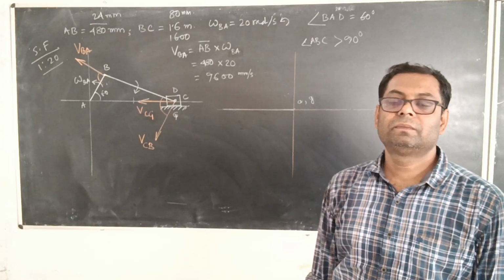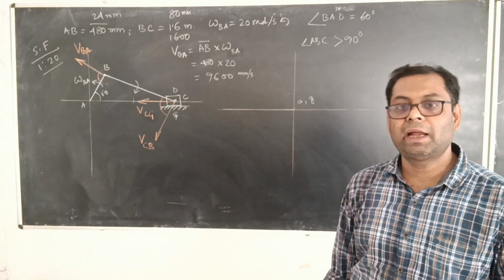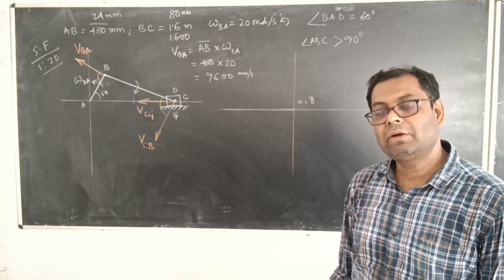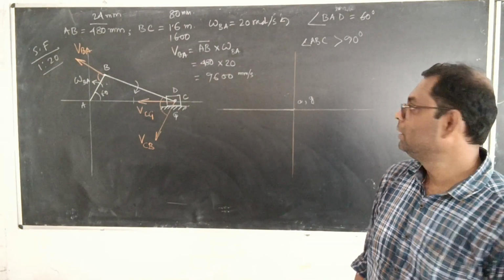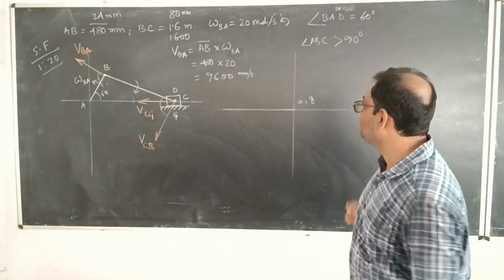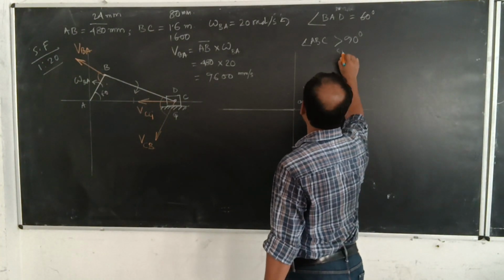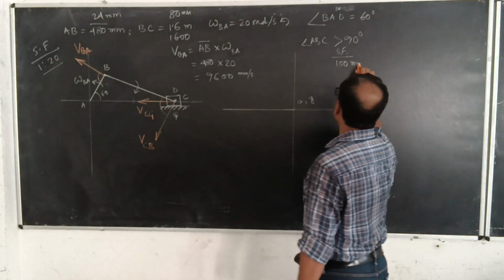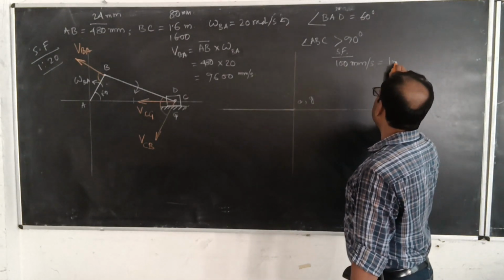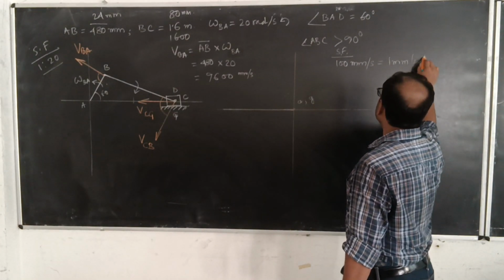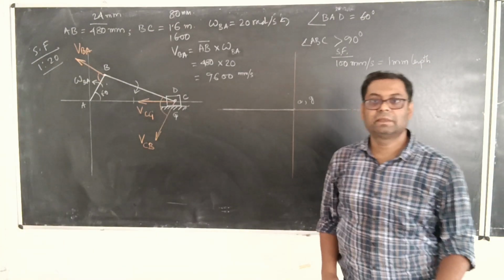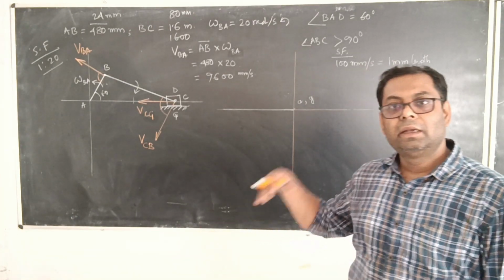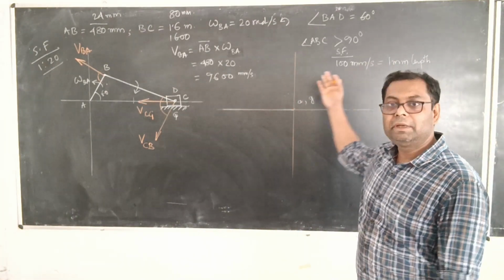Now what we can do, we can use a scaling factor again, and this time the scaling factor for the velocity diagram may be considered as 1:100. That means you have to clearly mention that scaling factor: 100 millimeter per second equals 1 millimeter of length. That means in reality, 100 millimeter per second, you are reproducing as 1 millimeter of length.